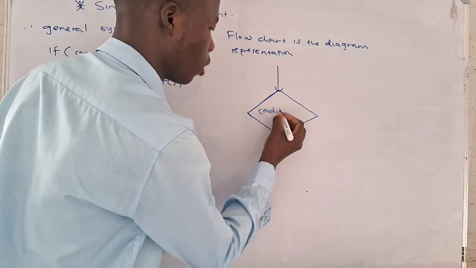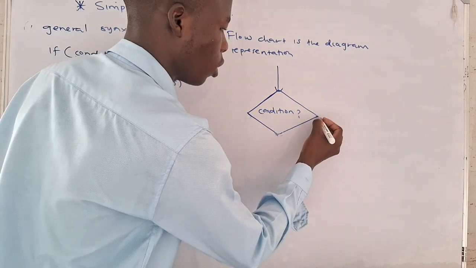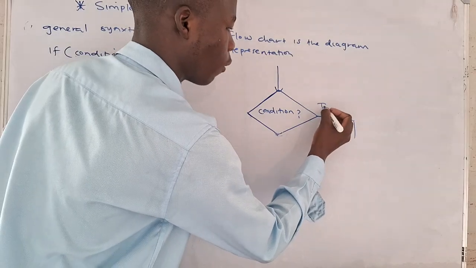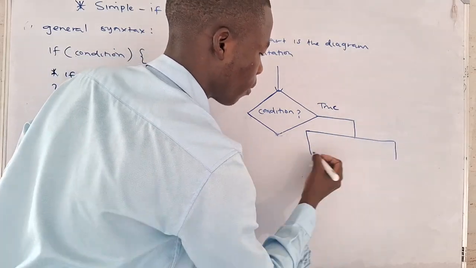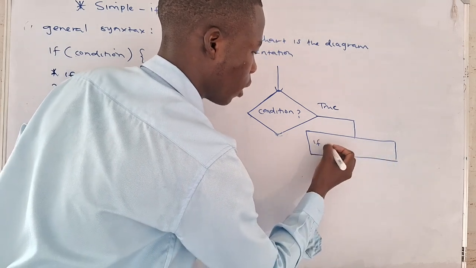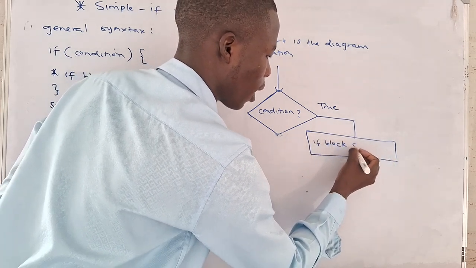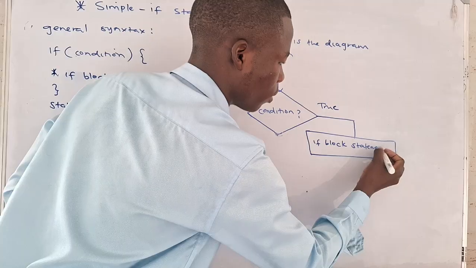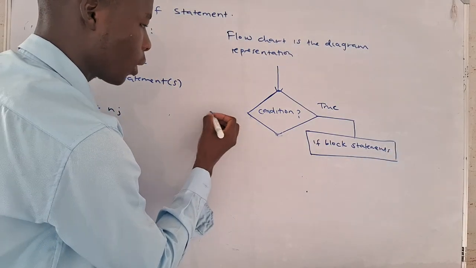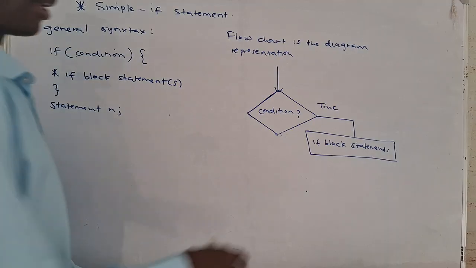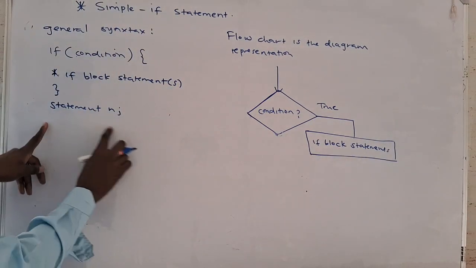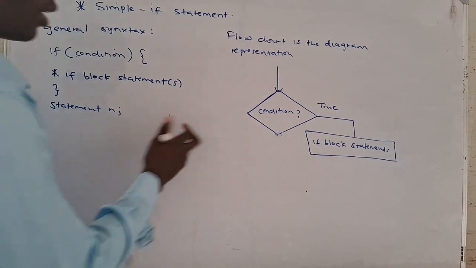The condition is going to be checked. Two cases are there. If the condition is true, the if block statements are executed. Then after the execution of this statement, N is also going to be executed.